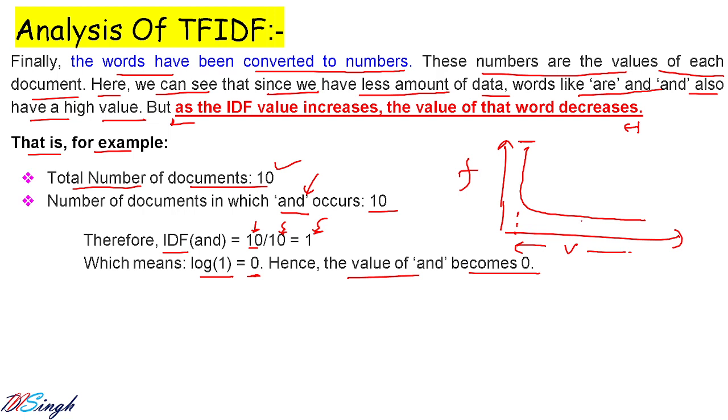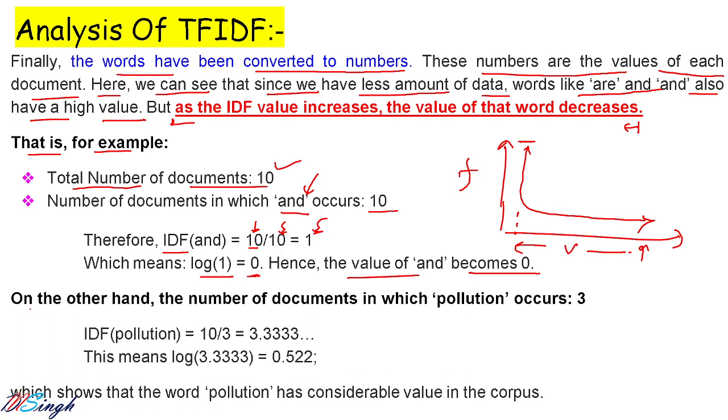As the frequency is lower here, the value is higher for that particular word. So this graph denotes it very properly, and one question was asked about it in the CBSE board exam. I have also discussed it in my previous video. So if a word is coming again and again in every document, it means the value of that word will be low, and such words we call stop words. We remove them beforehand. Let us go for some more analysis.